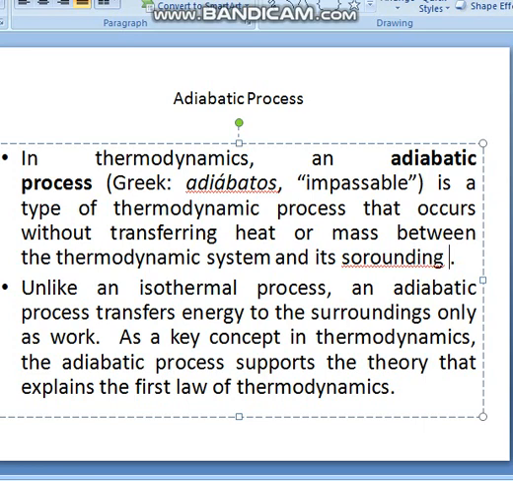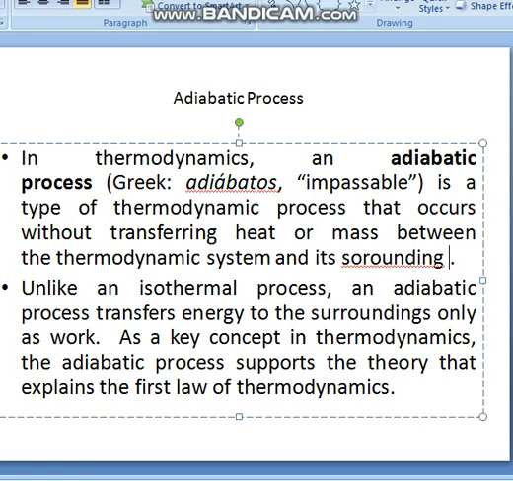It means that work is being done at the expense of internal energy, or internal energy may drop when the work is done. Similarly, when work is done on the system, the internal energy will increase.